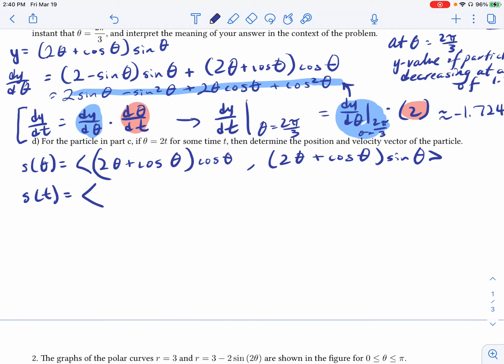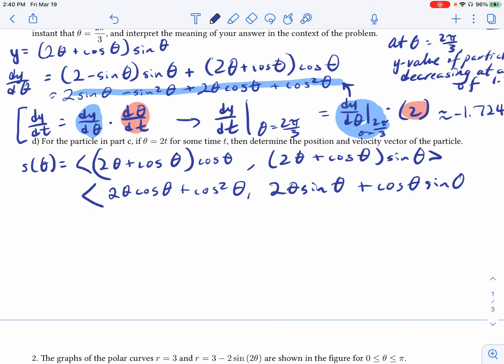If I distribute that cosine theta to 2 theta, actually, before I write it in S of t, let's clean that up because I don't want to confuse anyone. So we got 2 theta cosine theta plus cosine squared theta, 2 theta sine theta plus cosine theta sine theta. All I've done so far is just distribute.